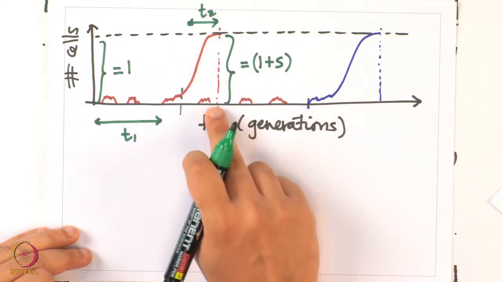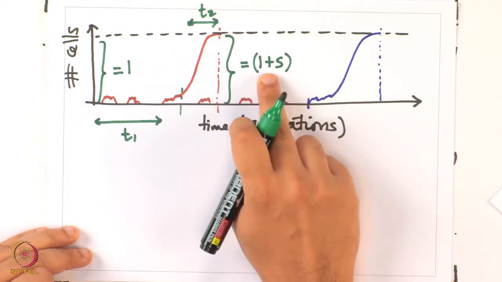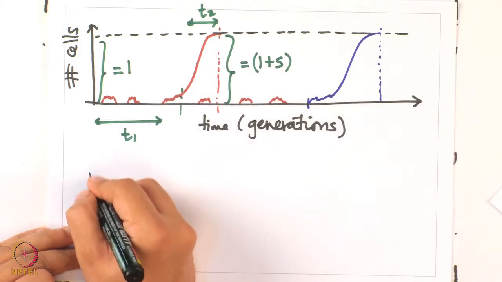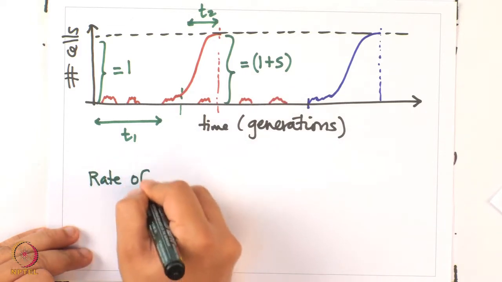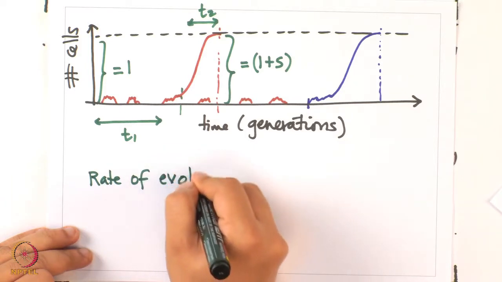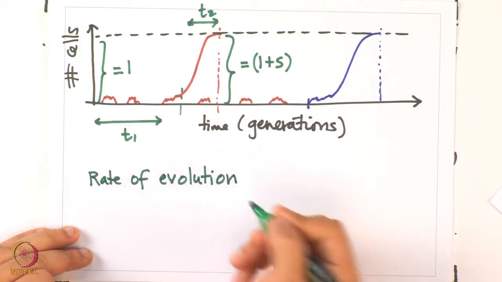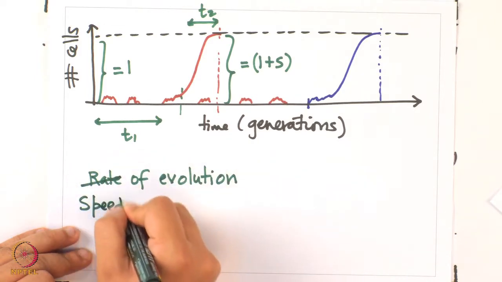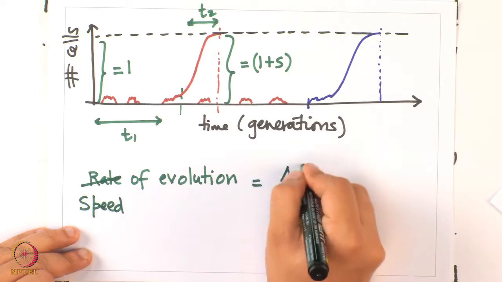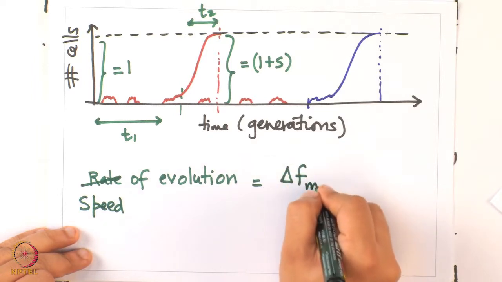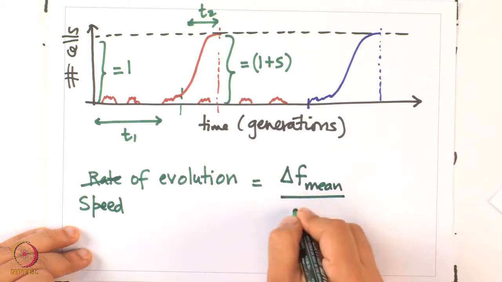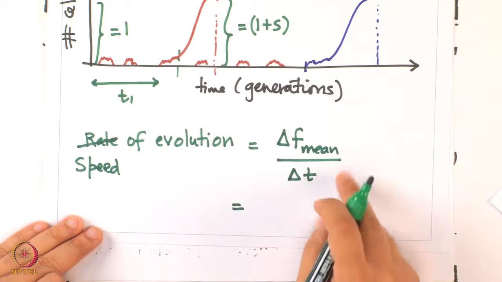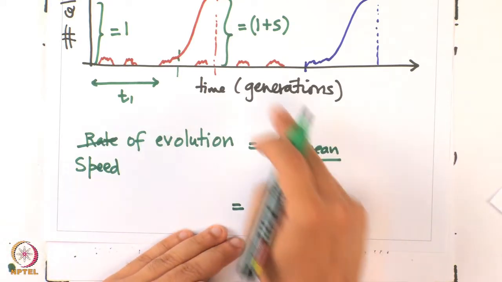Now, every individual is carrying that mutation, hence fitness of every individual is equal to 1 plus S. So, the rate of evolution, I should not call it rate, speed of evolution, which is equal to delta mean fitness of the population divided by delta t, can just be represented as the delta f mean at the end point.